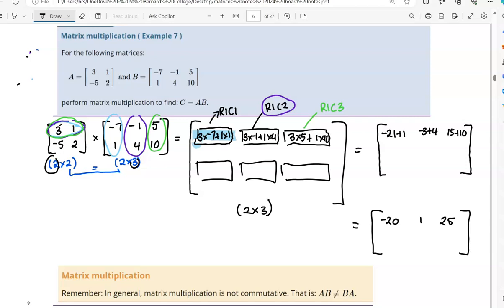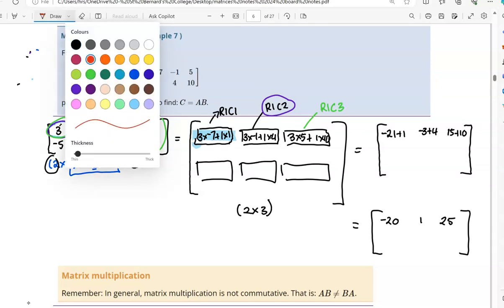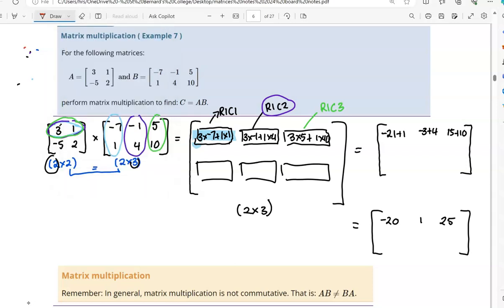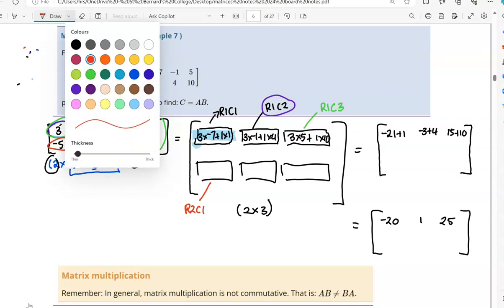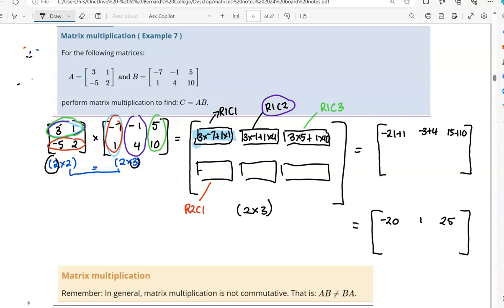So let's go and do the second row, sorry. So if you look here, this guy is row 2, column 1. So off I go. I've got -5 times -7 plus 2 times 1. Okay? And then the next one, this one is row 2, column 2.